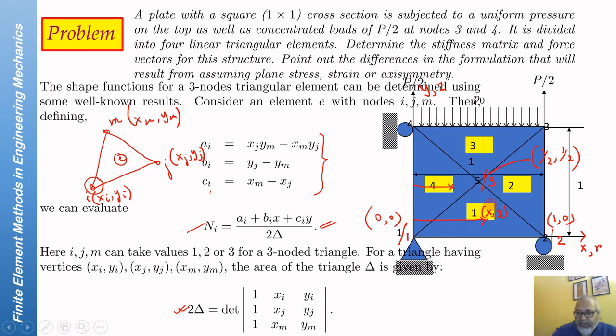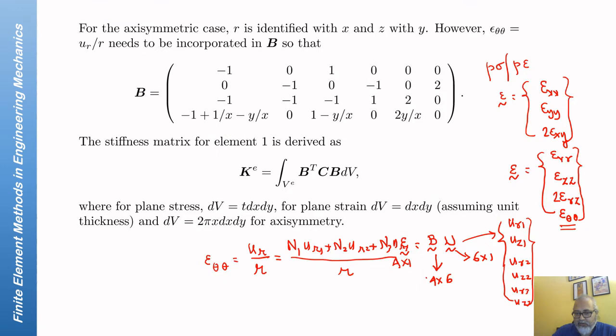Therefore r is replaced by x, and I can write these as N1 by x UR1, N2 by x UR2, and N3 by x UR3. These are usual.